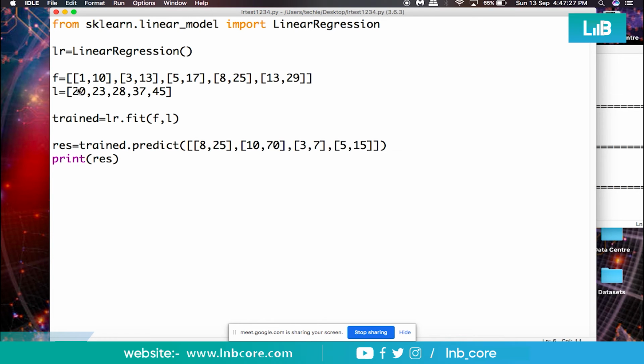If you have multiple labels, then you can put one more bracket over here, right? 23 comma something within a bracket, like you have put it over here. So this is how you can work on linear regression. Similar to linear regression, we have non-linear, logistic, and multiple linear modes as well, right?